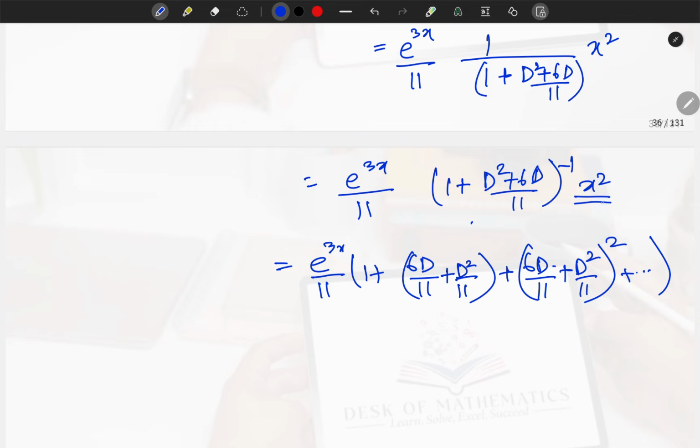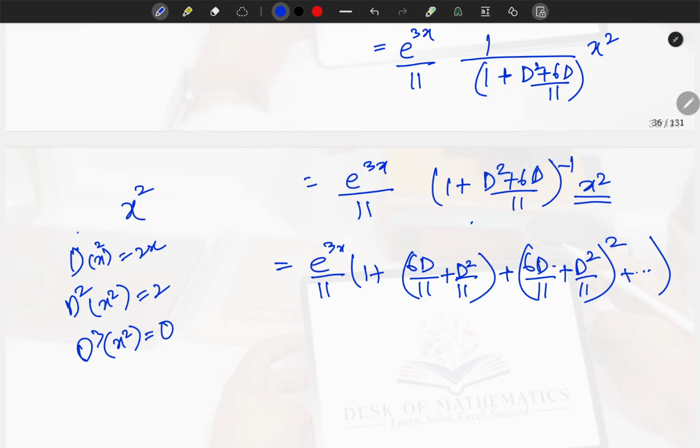And you have to check up to which differentiation we can get x square. The differentiation of x square is 2x. Double differentiation of x square is 2. Triple differentiation of x square is 0. So up to D2 we will consider.